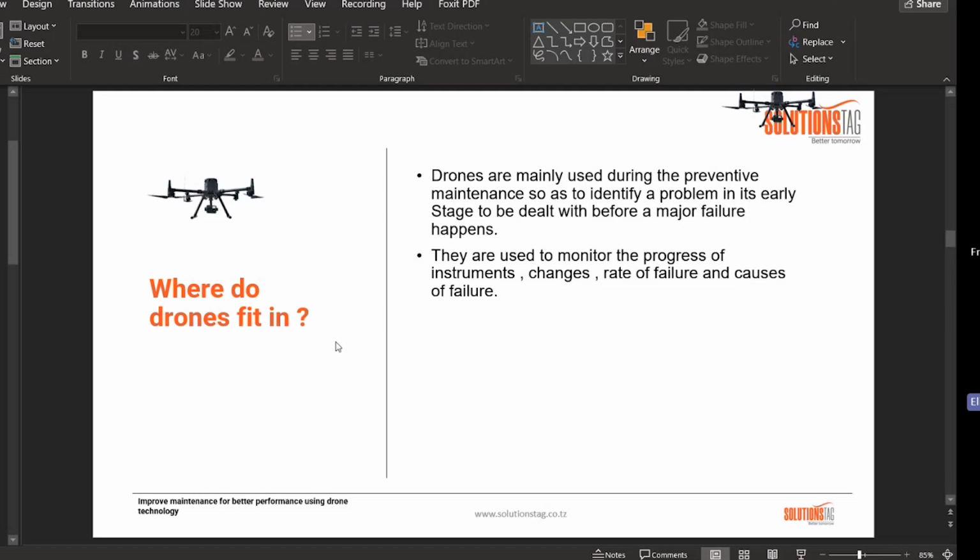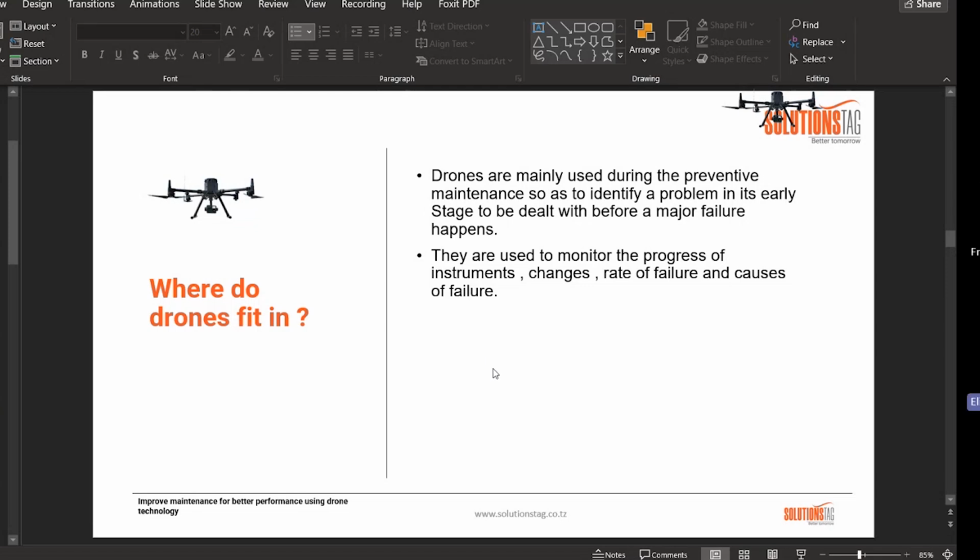There's no failure, so you use drones to monitor the condition of the assets, to see which one has a likelihood of failure or has newly developed features, so that you can go and correct them. So drones are mainly used during preventive maintenance to identify problems in their early stages, so you deal with them before any major catastrophe has happened.